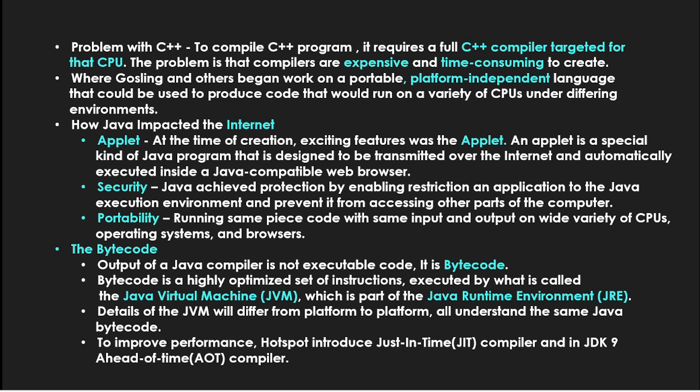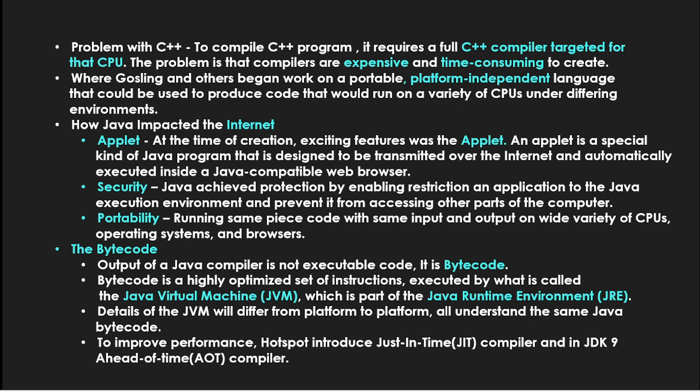Then the features of Java that also impacted the internet are security and portability. Security means not being exposed to other systems; when it runs on any platform, the language won't harm the other programs on the computer.